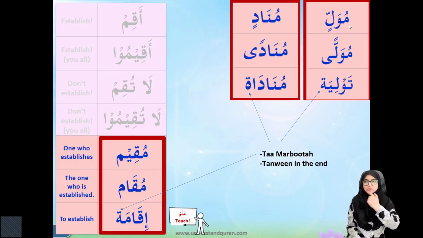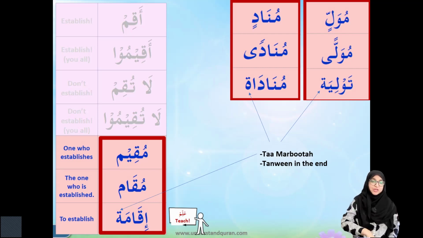So look at this. I just brought the past ones. Up till now, we have done mazid. Today we have done the third verb of mazid fi. And the first one was muwalli, muwalla, tawliyah. And munadi, munada, munada. And muqim, muqam, iqama. So just notice the masdar of all three.